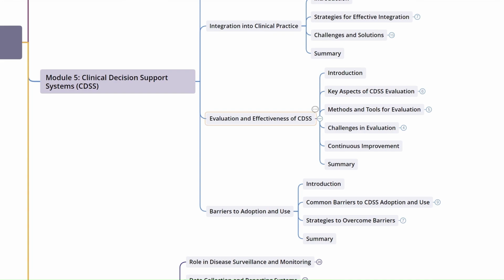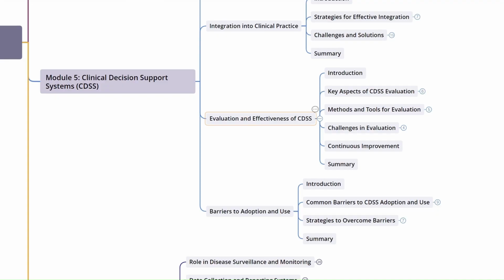Assessing the evaluation and effectiveness of CDSS is essential to understanding their true impact on healthcare delivery. This involves measuring their ability to enhance clinical outcomes, such as reducing medication errors, preventing adverse events, and improving adherence to evidence based practices. Effectiveness is often gauged by how well CDSS influence clinicians' behavior, patient safety, and overall workflow efficiency.